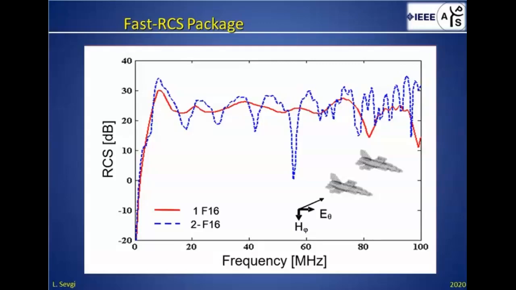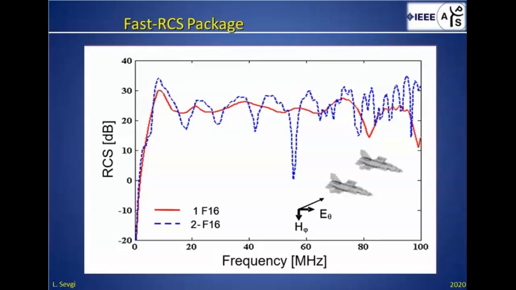It is almost impossible to predict, for example, high frequency RCS behaviors from low frequency ones. So you cannot say, okay, at low frequencies, these two targets give me this type of RCS. If I increase the frequency, I can expect this type of RCS change. It is almost impossible to do this prediction.